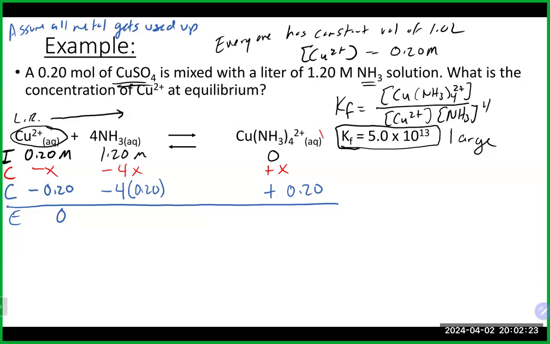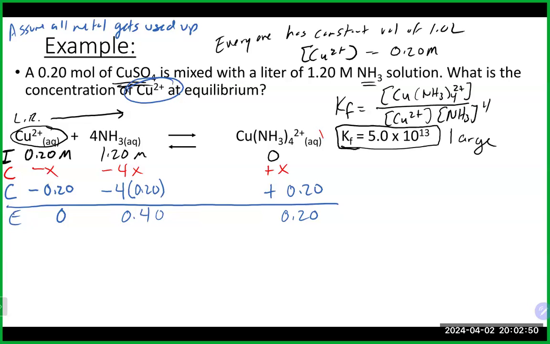And that's going to give us here 0.4. And this is going to be 0.2 here. Any questions on that?